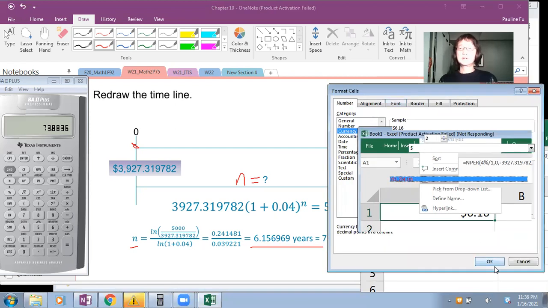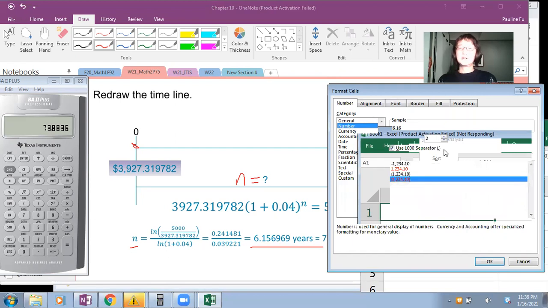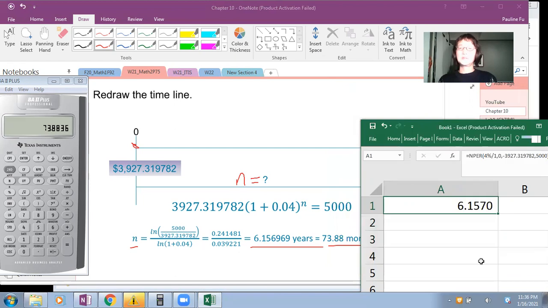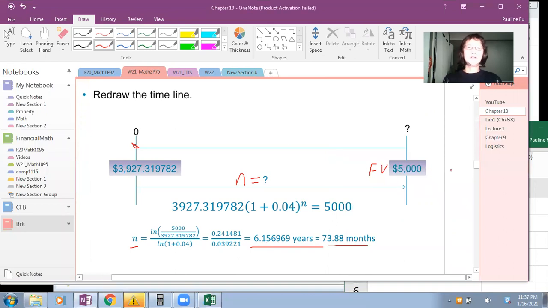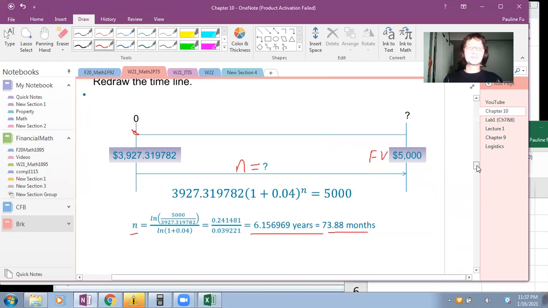It's weird, so I just change to number, and then more decimal places. I click OK. So this agrees with the calculator number. You can see the formula here, this is the formula I entered. All right, so this is the term N.